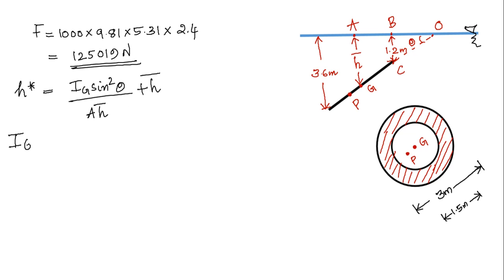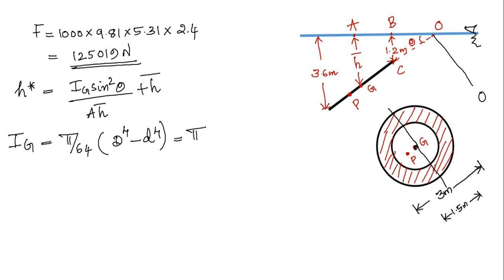And now h star is equal to Ig sin square theta divided by A h bar plus h bar, where Ig is the moment of inertia about the centroidal axis, and this axis should be parallel to our OO axis. And this Ig for a hollow circular plate is given as pi by 64 into capital D raised to 4 minus small d raised to 4, which is equal to pi by 64 into 3 raised to 4 minus 1.5 raised to 4.